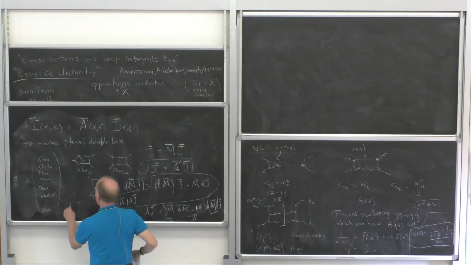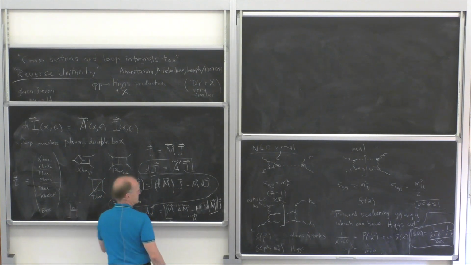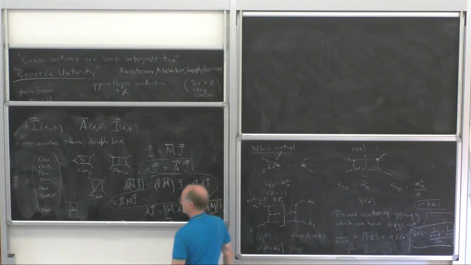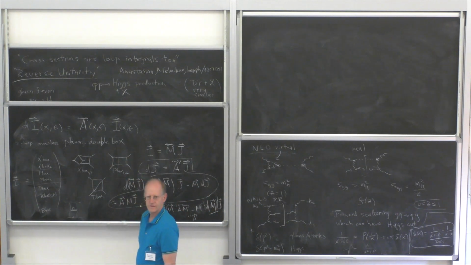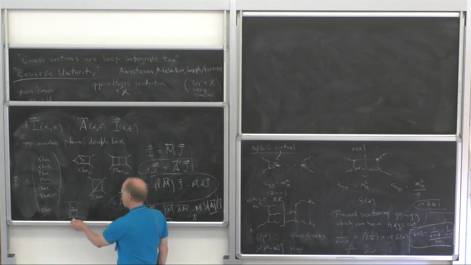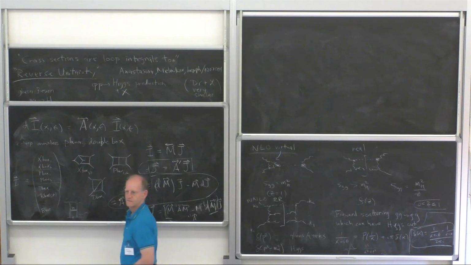Now consider what happens if we have an integral which is a double box integral, like from over here, and suppose this leg goes to 0, has its nu go to 0.